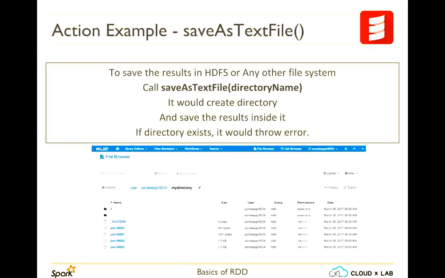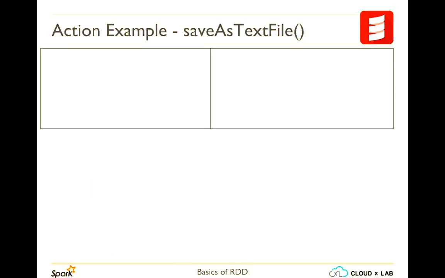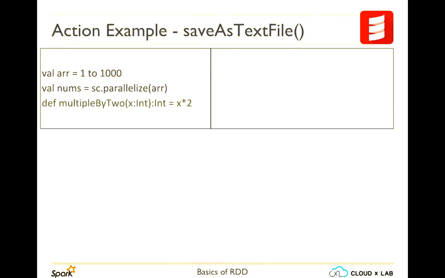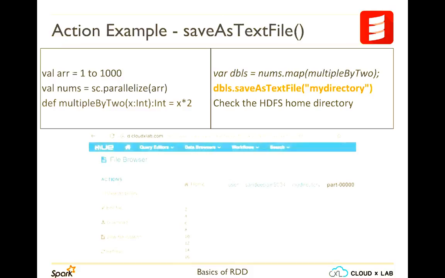If the directory already exists, it is going to throw an error, so be aware. Here we are trying to demonstrate saveAsTextFile. Okay, next.